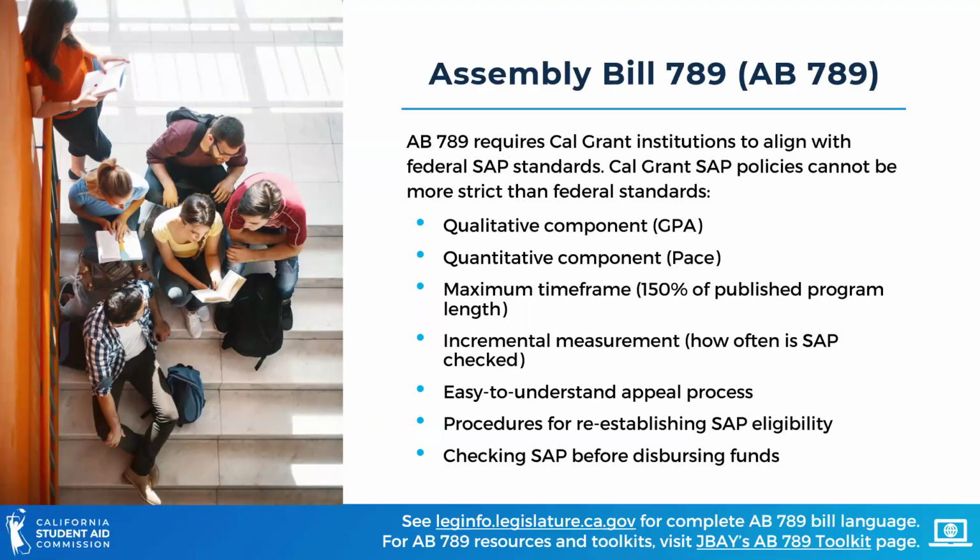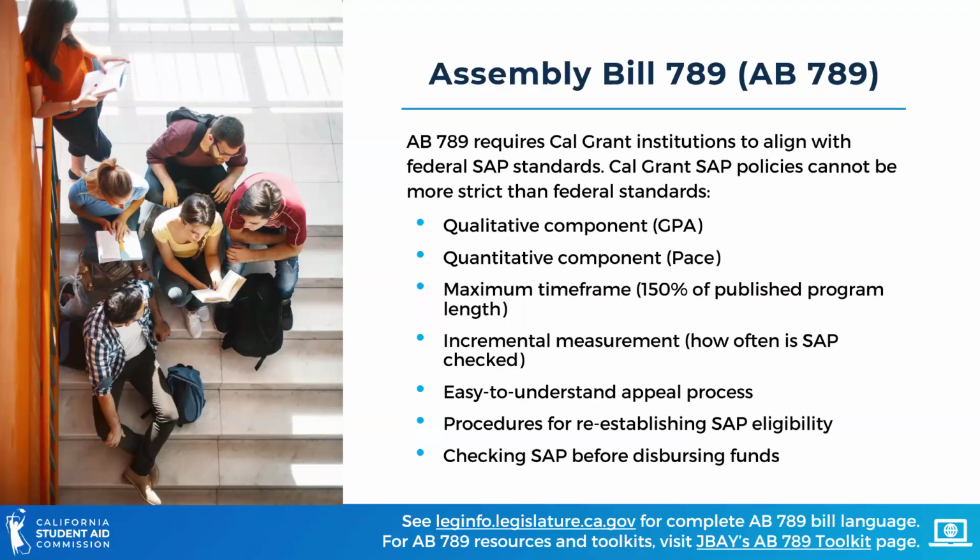The appeal process must be easily accessible for students and easy to understand. Your school must have procedures for re-establishing SAP eligibility in the case that maybe a student doesn't appeal or their appeal is denied. And finally, you must make sure that you are checking SAP before disbursing funds. This is crucial, and this is actually an audit finding that we'll talk about in tomorrow's session.